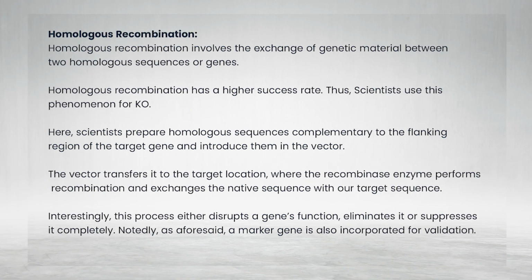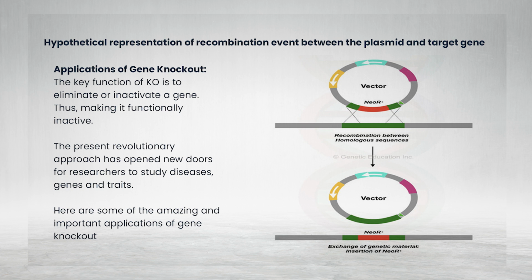Make a note that, as mentioned earlier, a marker gene is also incorporated for validation. This pictorial representation basically shows how a plasmid vector is used for knockout technology. Now, let us look at some of the applications of gene knockout.